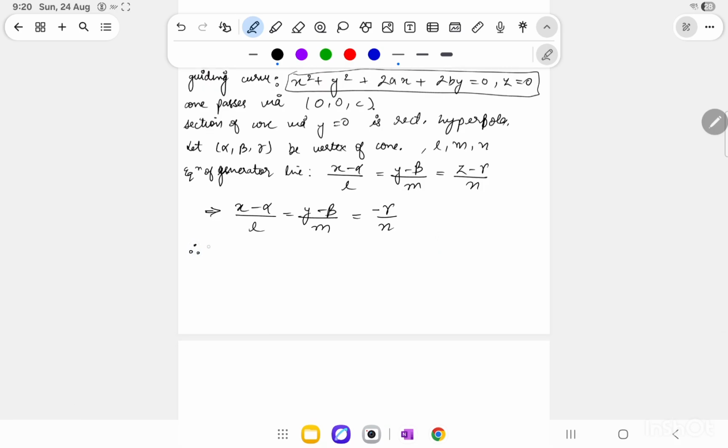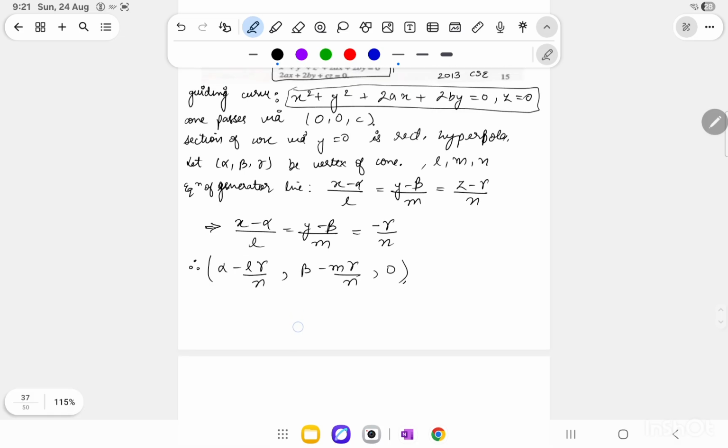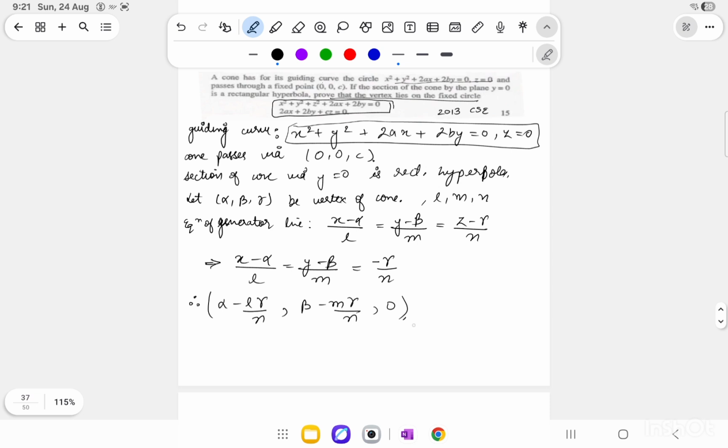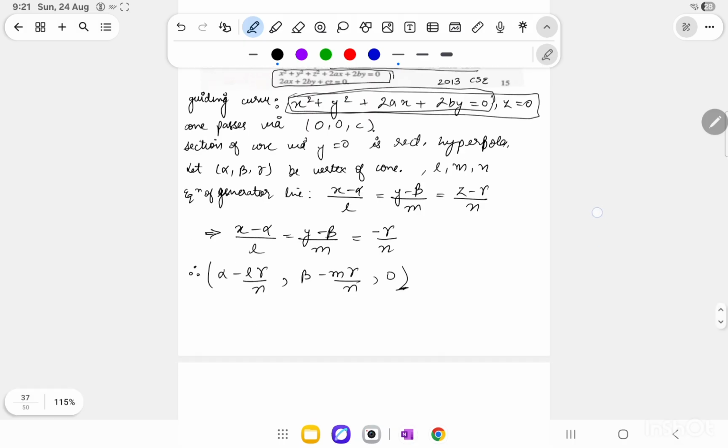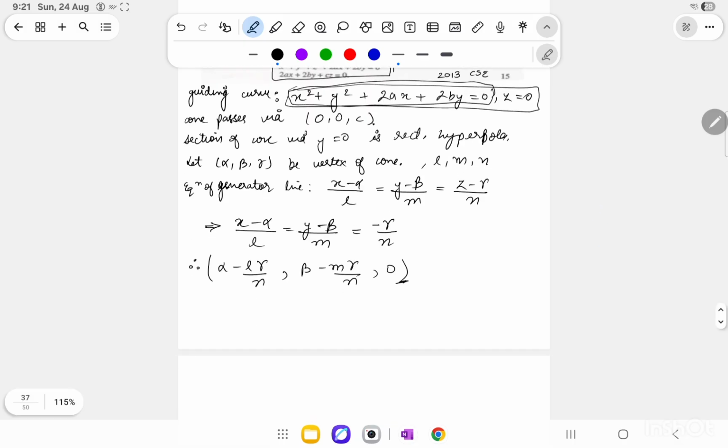So my arbitrary point will be alpha minus L gamma by N, comma, beta minus M gamma by N, comma 0. This is the intersection point of the guiding curve z equals 0 and the generator line that we have assumed. If this is a point on the guiding curve, then it must satisfy this as well. So we'll substitute this in there.